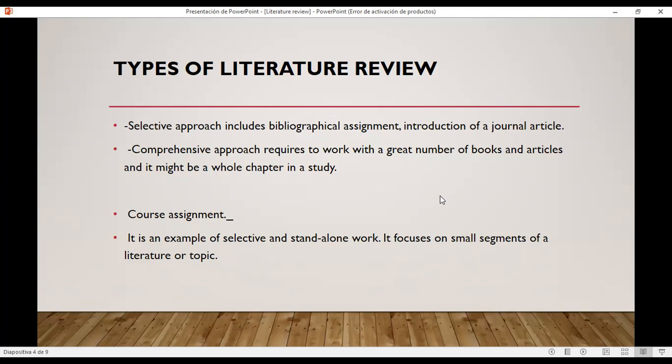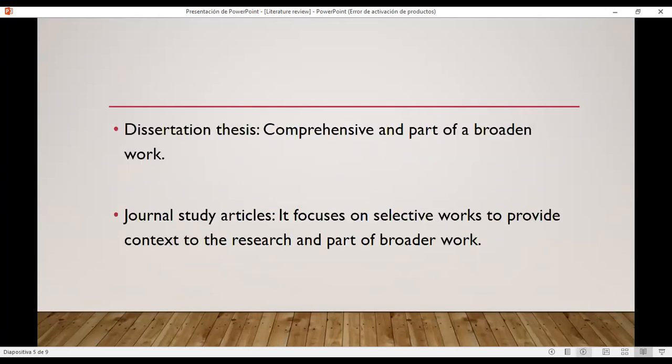When people graduate, some universities require a thesis. The literature review for a thesis is going to be different because we need a greater number of resources, among books, articles, congress papers, and so on. And it's going to be different if we want to develop a journal article. So we have different types of literature review.